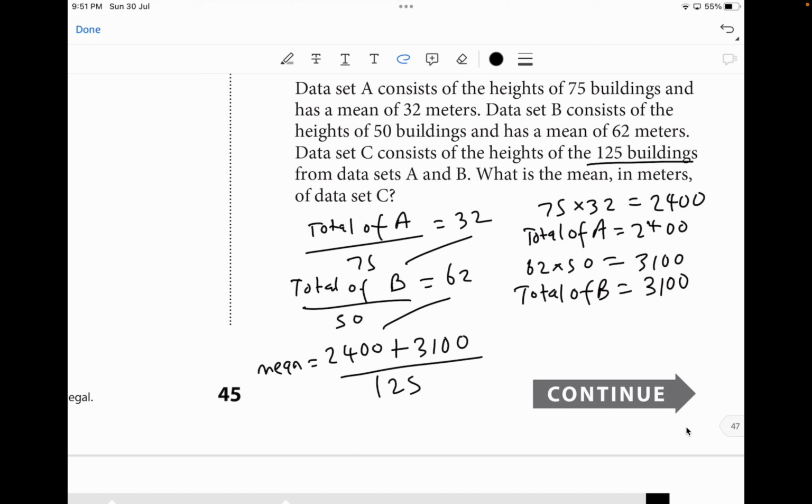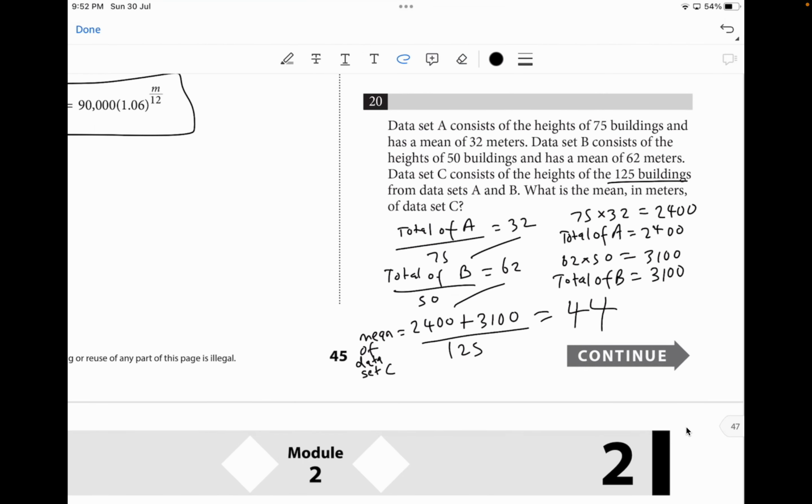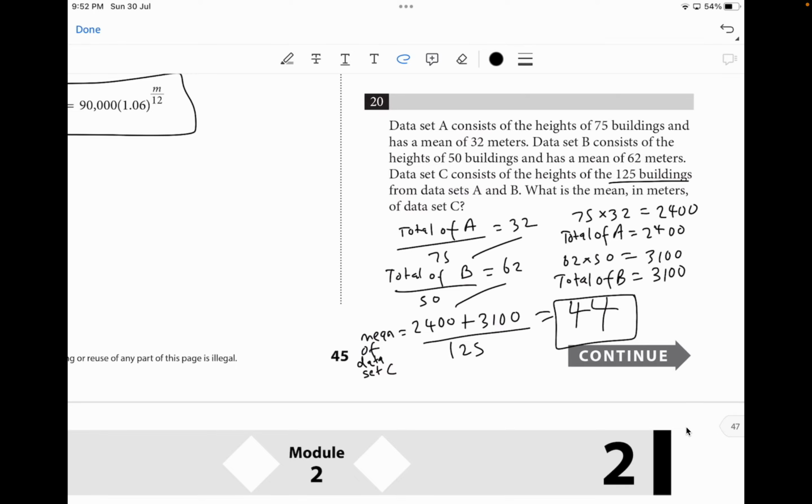That's going to be your mean of data set C. Just plug in the equation, 2,400 plus 3,100 divided by 125. This is going to give you a value of 44. So the mean in meters of data set C, the correct answer is going to be 44 for question number 20.